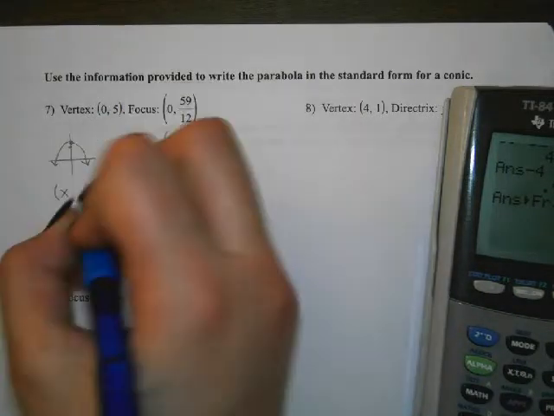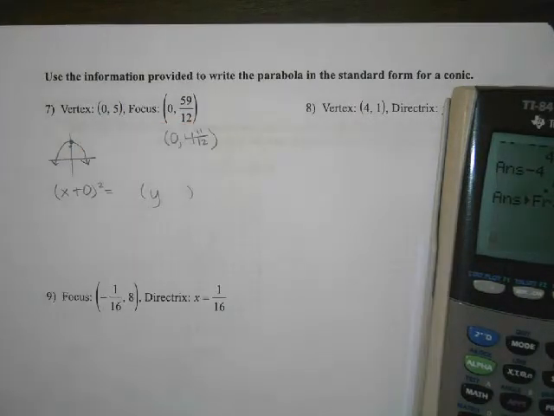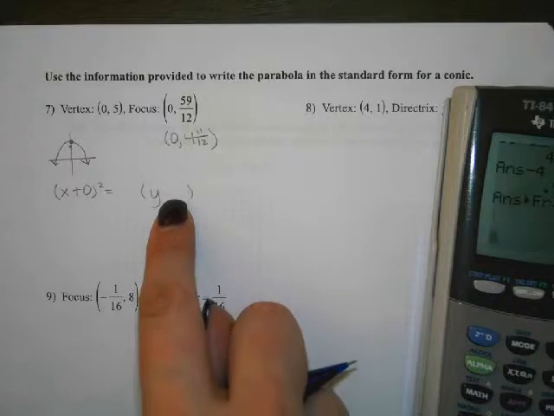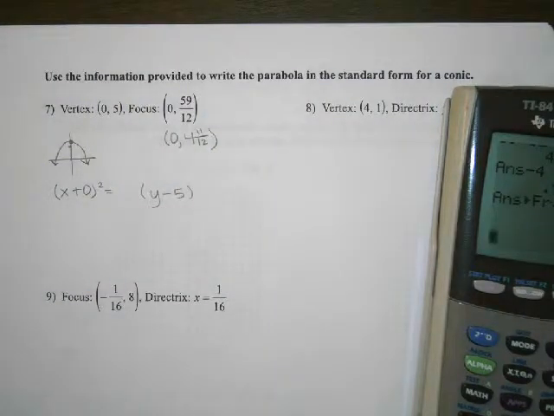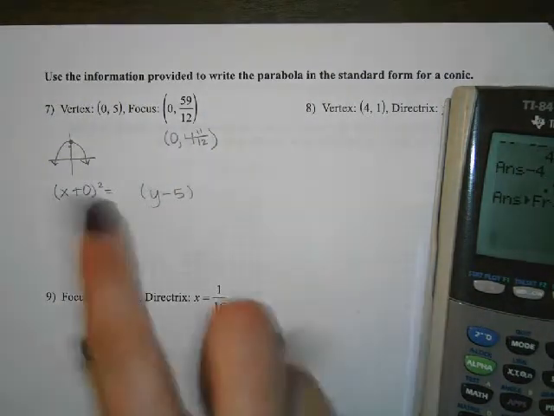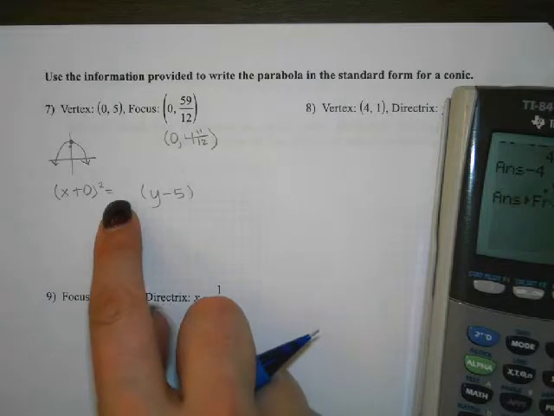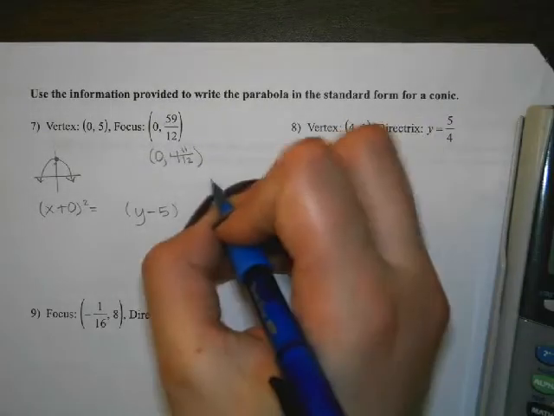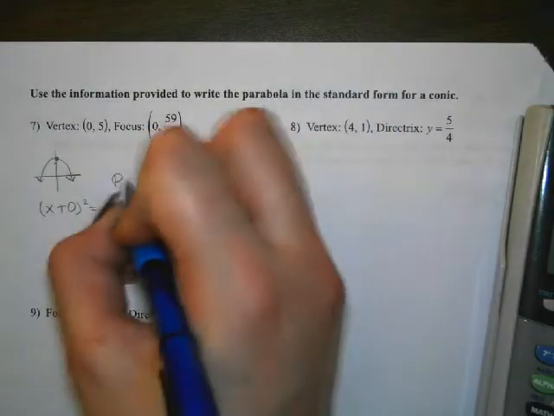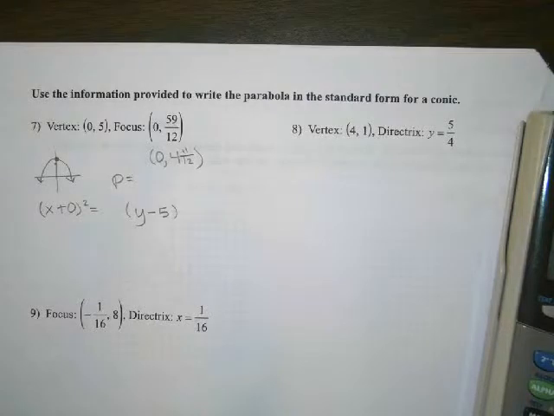So we can put plus 0 or minus 0, or you cannot write parentheses at all and just put plain x squared. What should I put with the y? -5. So we're going to put -5 because we're doing the opposite sign. And then inside, since this is going down, I know that this value is going to be negative, right? And I have to do 4 times p, and what is my p value?